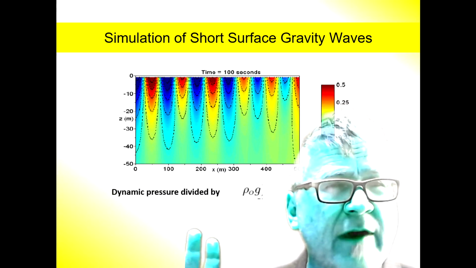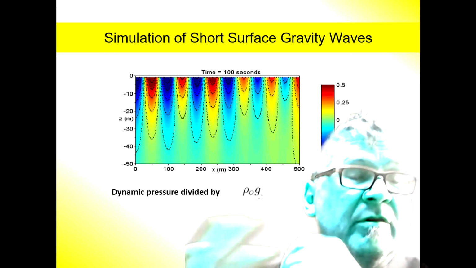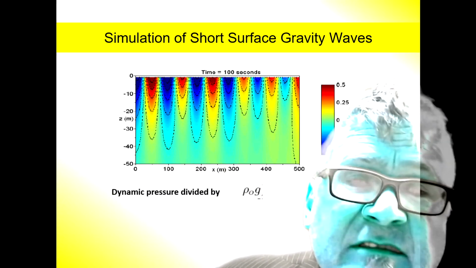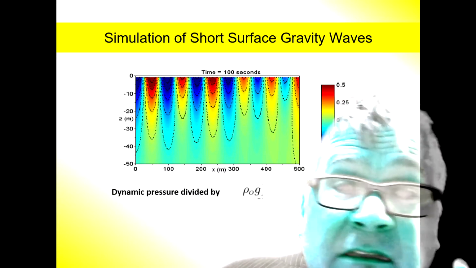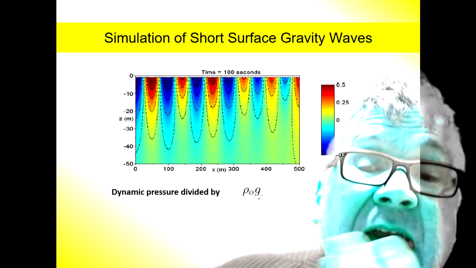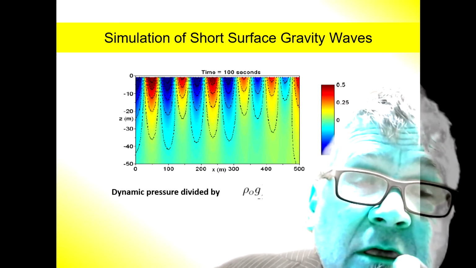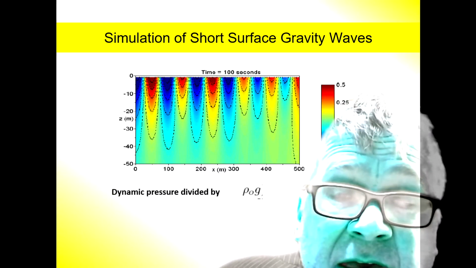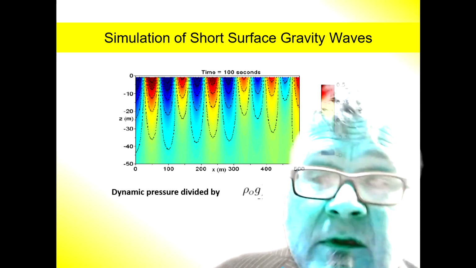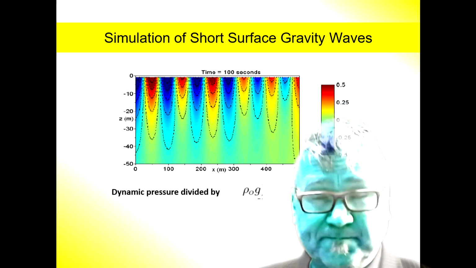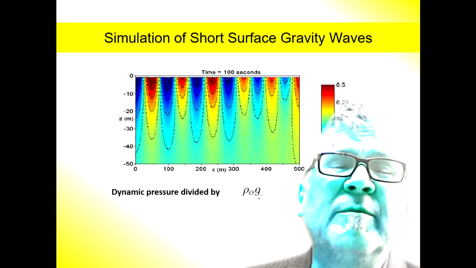So now, to create a little simulation, you can look at simulations of these types of patterns moving across the model domain. I'll just say it again, this is a vertical slice of the ocean, of the fluid.